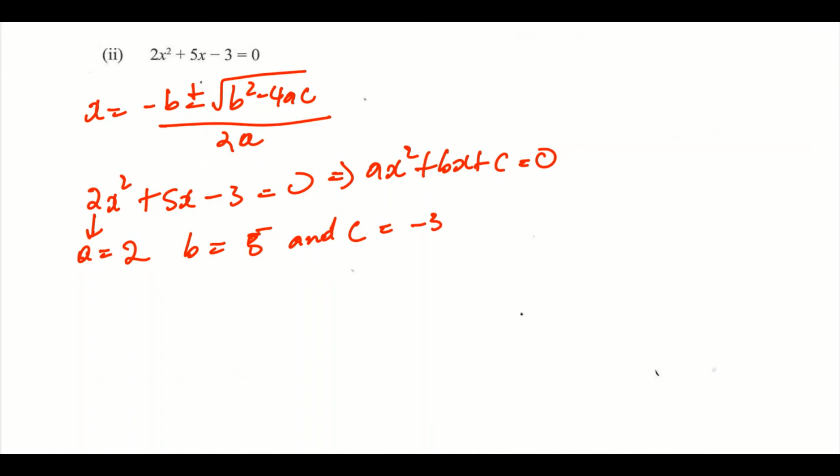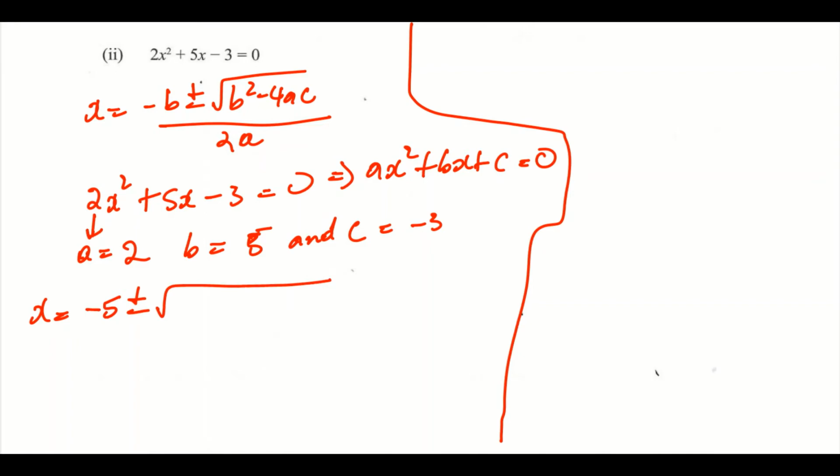So we can go ahead and plug these into our formula. So x is equal to minus 5 plus or minus the square root of b, which is 5 squared, minus 4 times a, which is 2, times c, which is negative 3, all over 2 times 2.